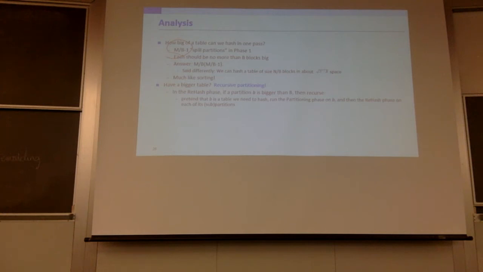They are the number of partitions after the first phase. Then for the second phase, you require each of the partitions to have a size no larger than M over B pages, right? So what's the total size? Suppose everything is the largest possible size. Then you end up with M over B times M over B minus 1 pages in your original table, right?